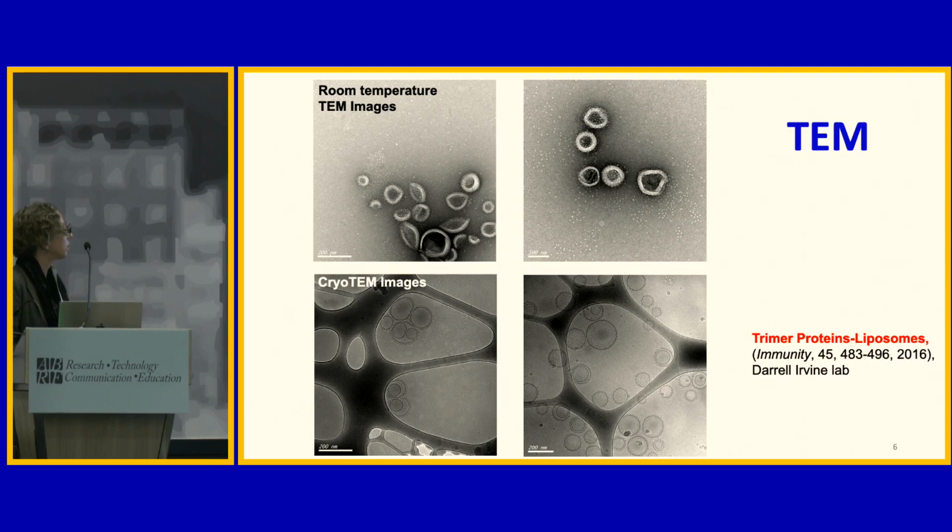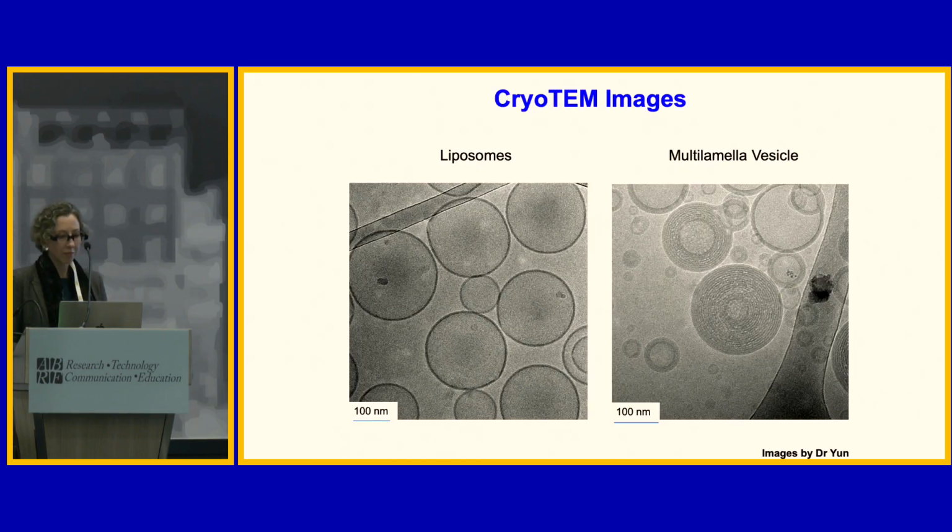But then very quickly, people will transition from looking at these materials in a room temperature TEM to looking at them in cryo TEM. And you can very quickly see that the morphology of your nanoparticles is quite different when you're looking at a sample that is preserved and hydrated. And these are just more beautiful images of what different types of biological sample particles can look like in cryo mode.